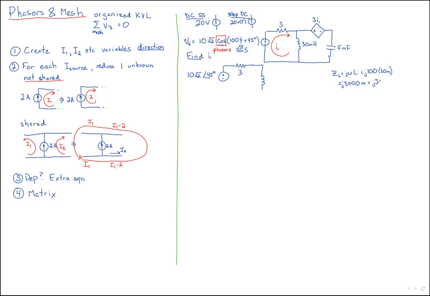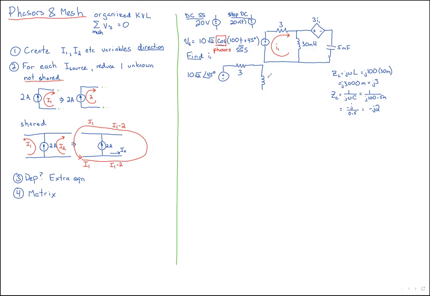All right. And then we've got this capacitor. Ruben? The impedance of the capacitor is 1 over j omega C. So that's going to be 1 over j times 100 times 5 milli, which is negative j over 0.5, which is negative 2j, negative j2.